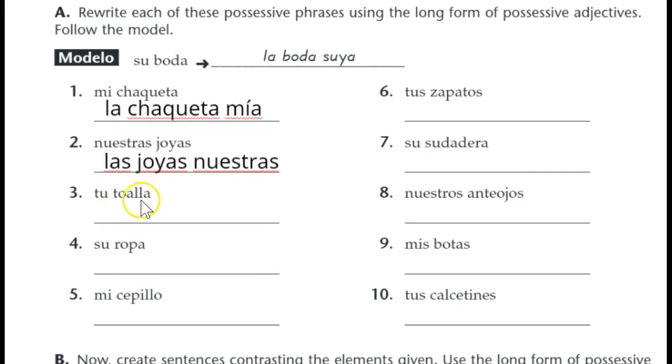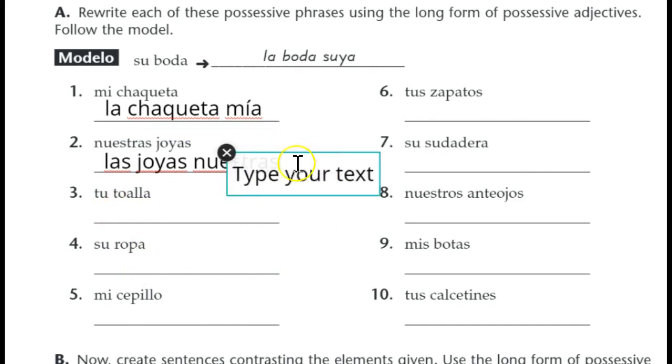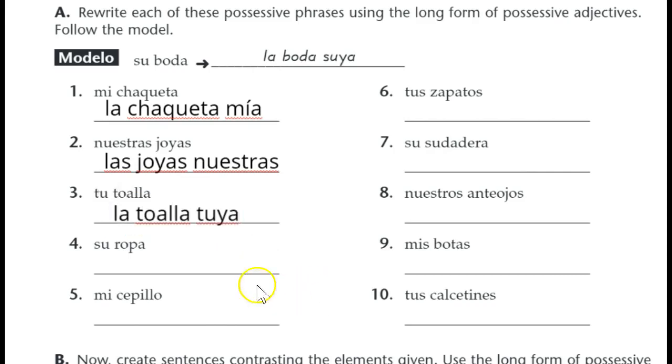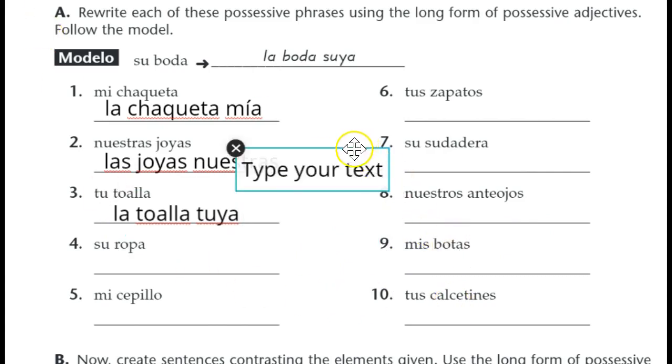Okay, let's look at a couple more. Tu toalla, your towel, is feminine, la toalla tuya. Now, su ropa, la ropa suya. Right? Let's skip over to tus calcetines, number 10. Let's look at that one.